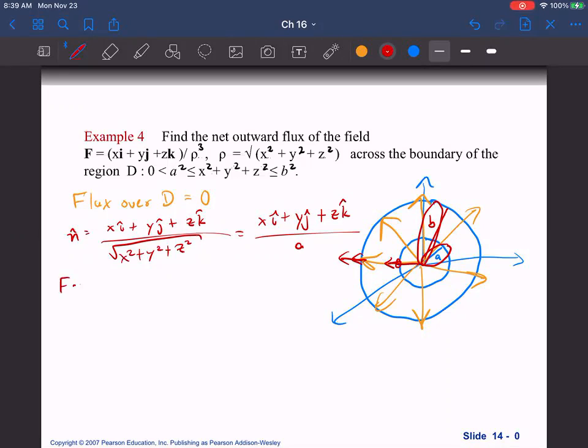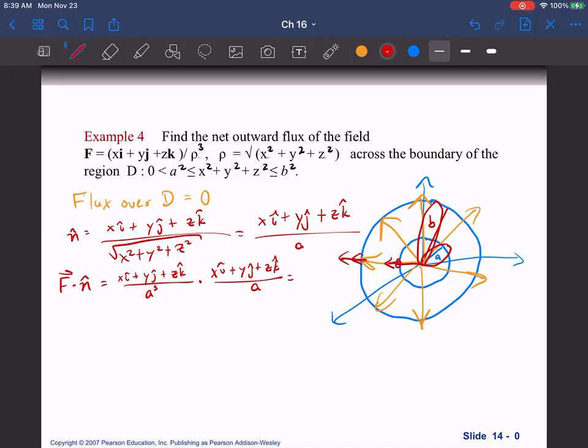And so F dot n on our sphere, if we dot product these together, xi plus yj plus zk over a cubed, whatever it is, a cubed, dotted with xi plus yj plus zk over a, that's our n, right?